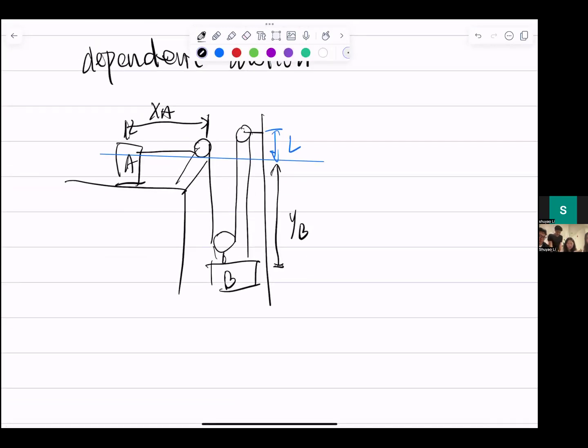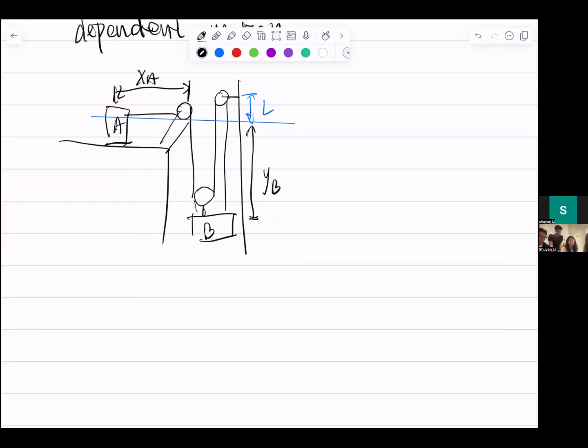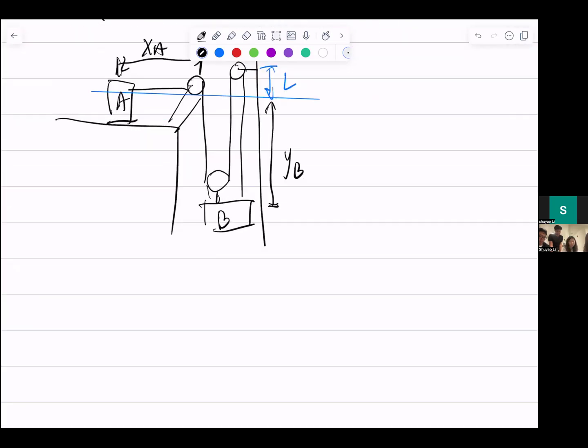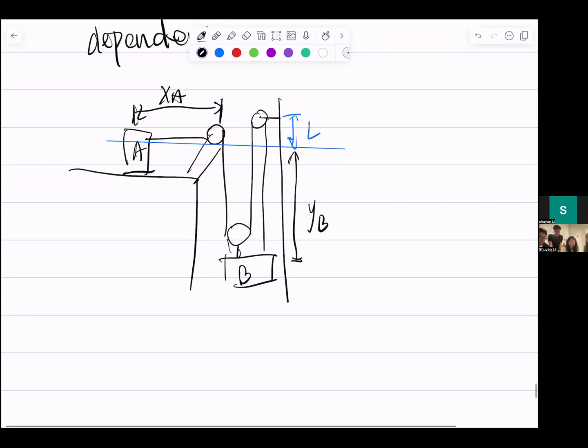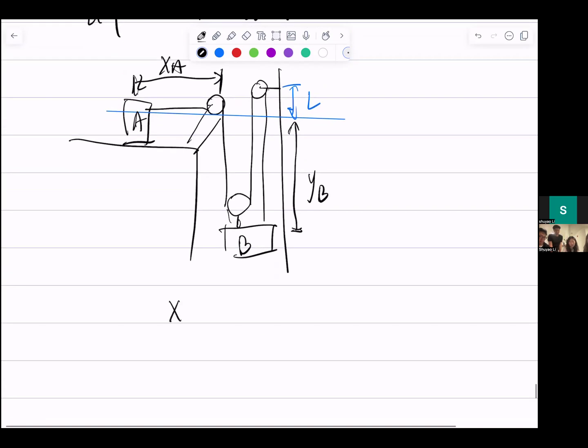If we want to start this problem, we have to find, well, the cable length is constant, which Claire just pointed out. L is constant, but since the blocks are moving, xA and yB change. So we have xA plus 3yB.